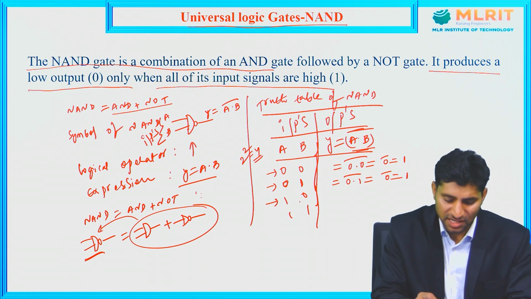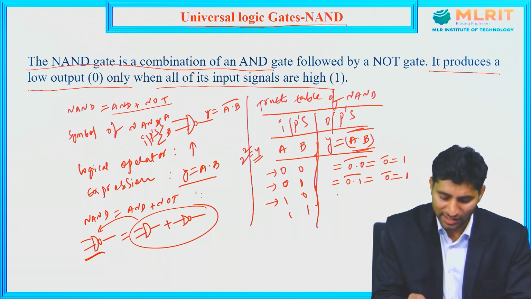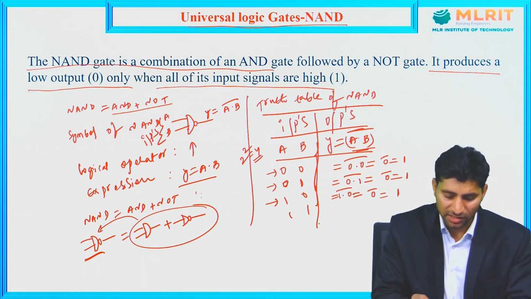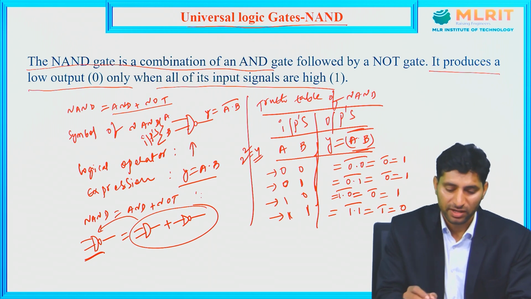And if you substitute this 1 0 in this, (A dot B) whole bar is nothing but 0 bar, which is nothing but 1. And for the last combination 1 1, if you substitute in this, 1 dot 1 is 1, and 1 bar is nothing but 0.